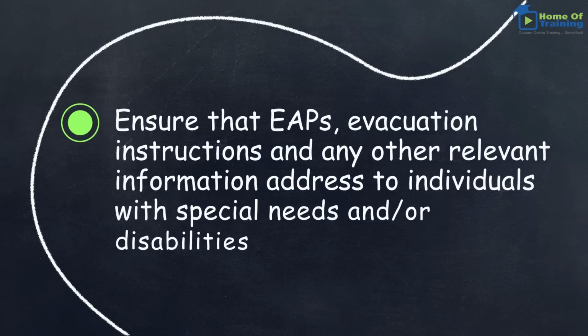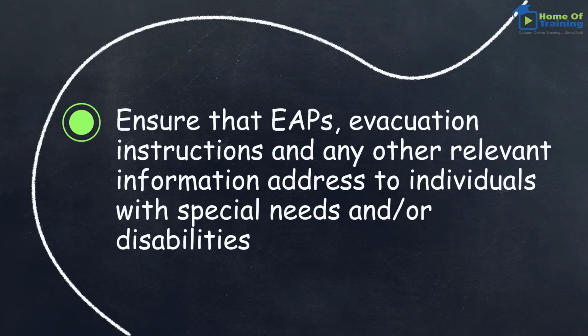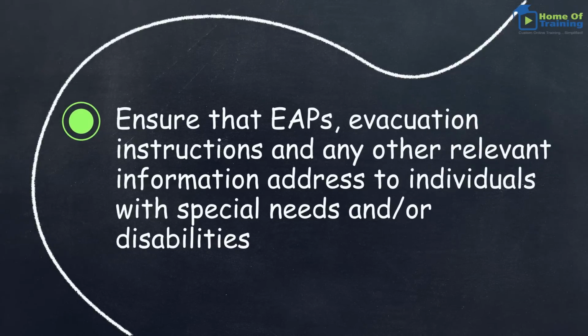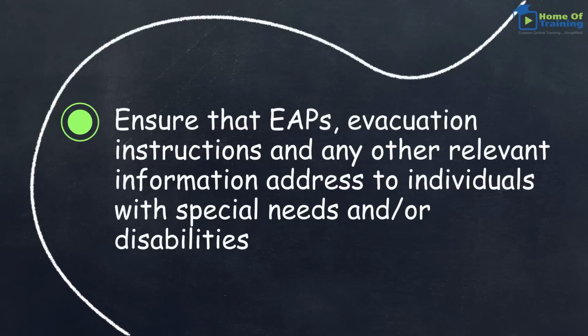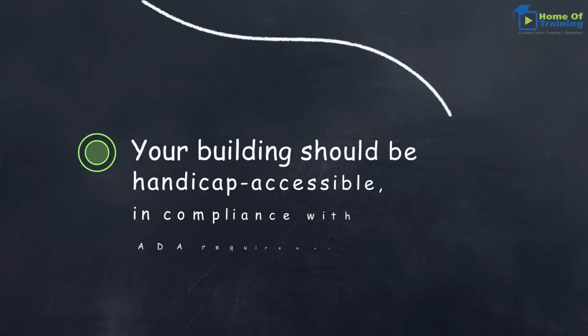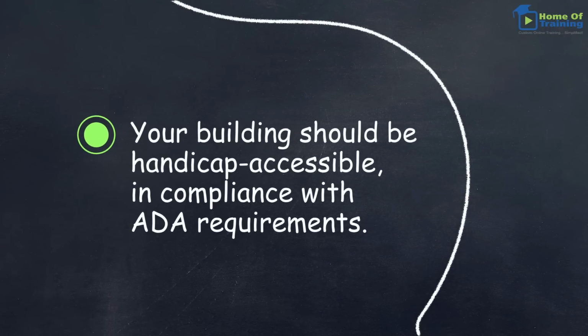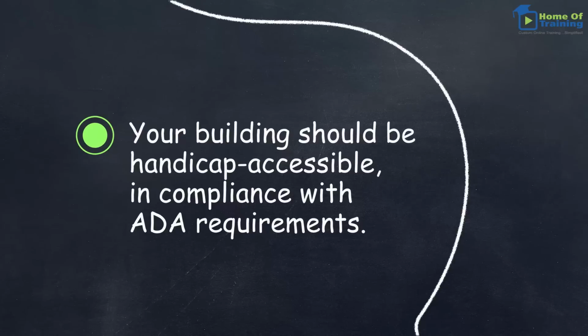Ensure that EAPs, evacuation instructions, and any other relevant information are addressed to individuals with special needs and/or disabilities. Your building should be handicap accessible in compliance with ADA requirements.